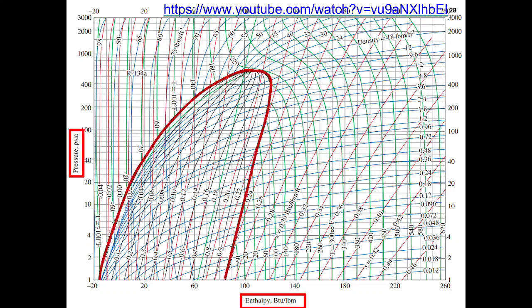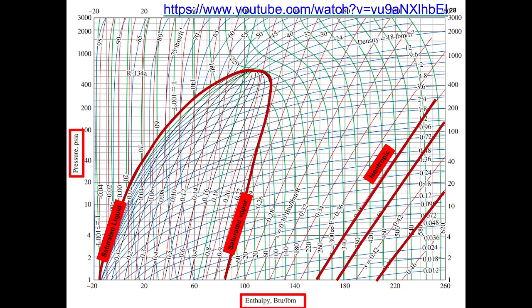Here you will have a region which is the saturated liquid line. Refrigerant will sometimes be liquid, sometimes vapor, and sometimes a mixed region. So there is a saturated liquid line boundary, a saturated vapor line boundary, and between them you will have a saturated liquid plus vapor region.